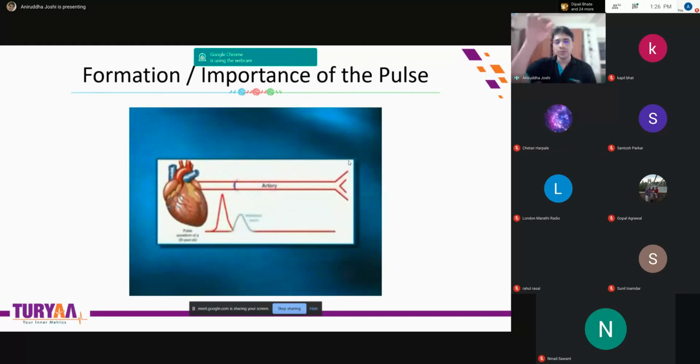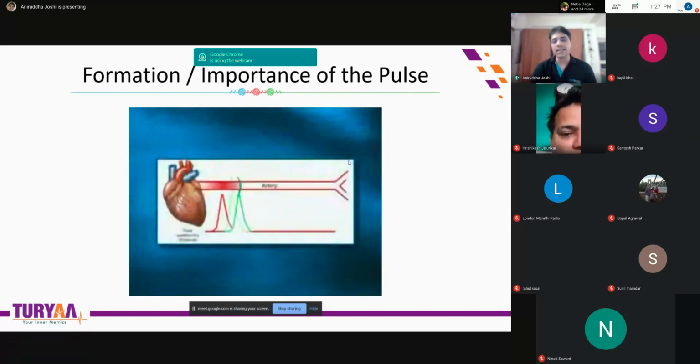And when you measure at some location, you feel more like a combination, because throughout the body there are so many arteries, so many bifurcations. The collection of these minute pressures which are coming back form a very complex pulse signal. So it's not just thuk, thuk thuk like the formation here, but actually a multi-pulse.